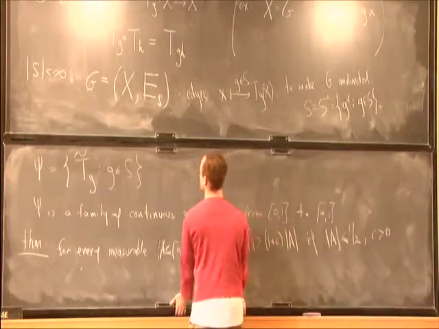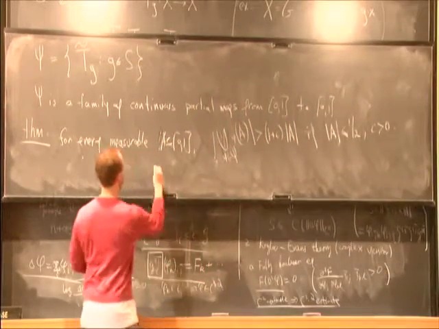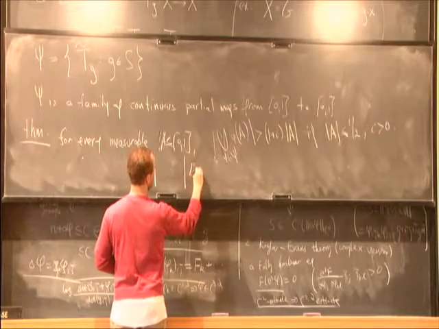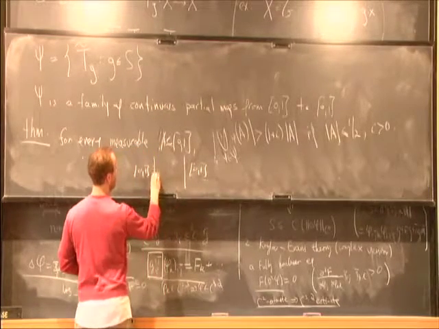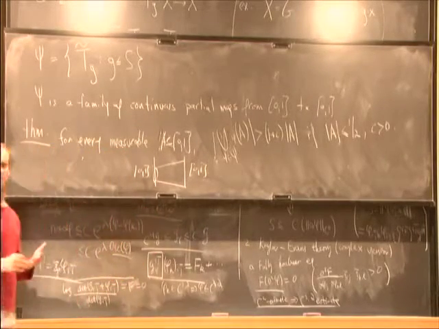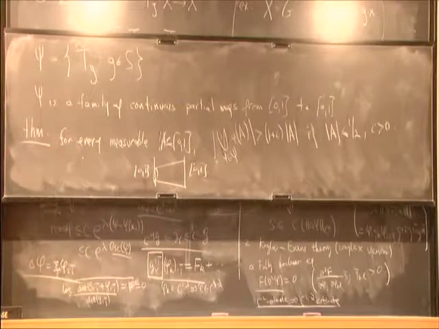So this means if we draw 0, 1 here and 0, 1 here, then for every measurable set here, the size of the image is strictly larger.